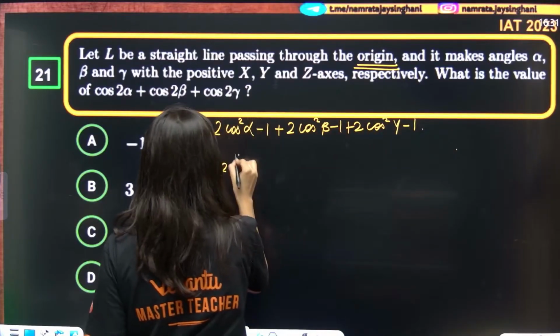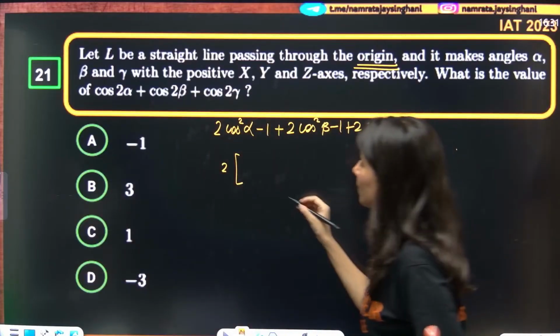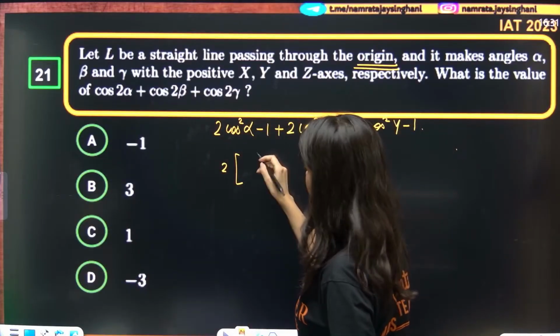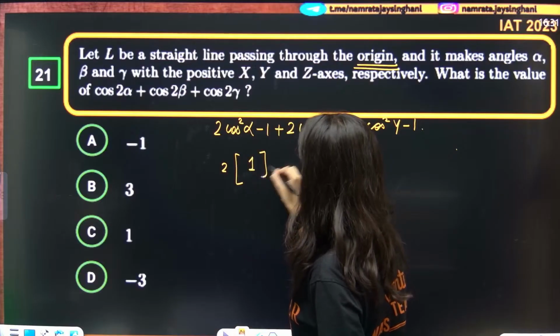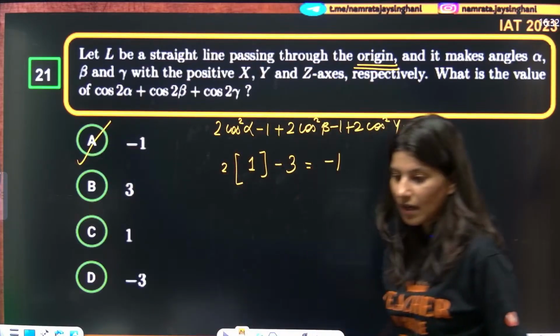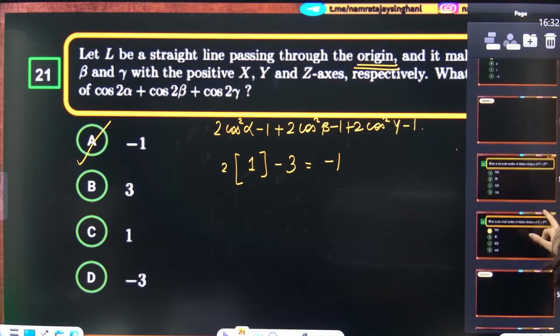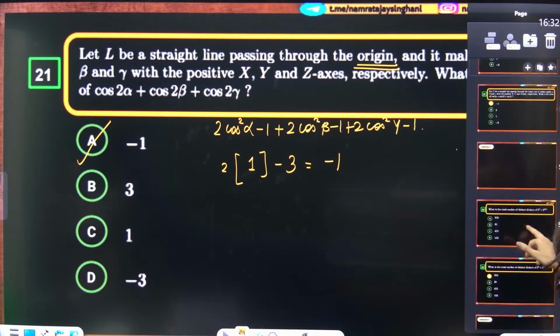So 2 times cos square alpha plus cos square beta plus cos square gamma is nothing but 1, minus 3. So clearly minus 1, option A again is the absolutely correct answer. Okay. All right. Clear. Next question.